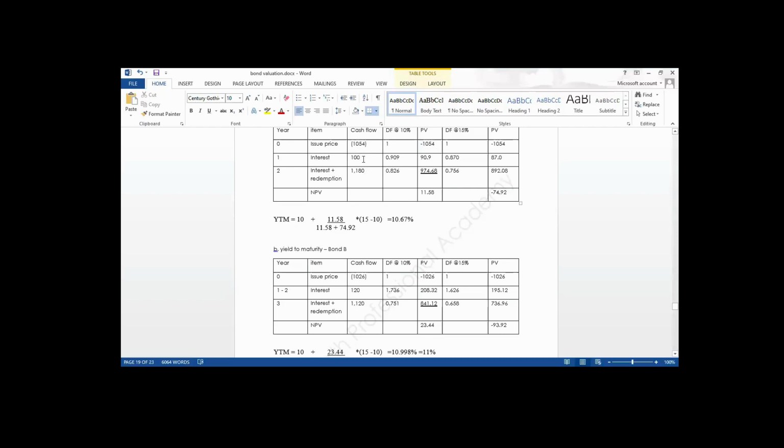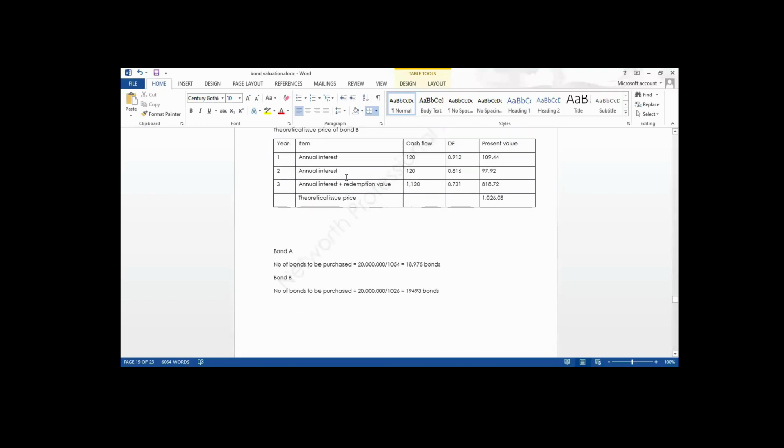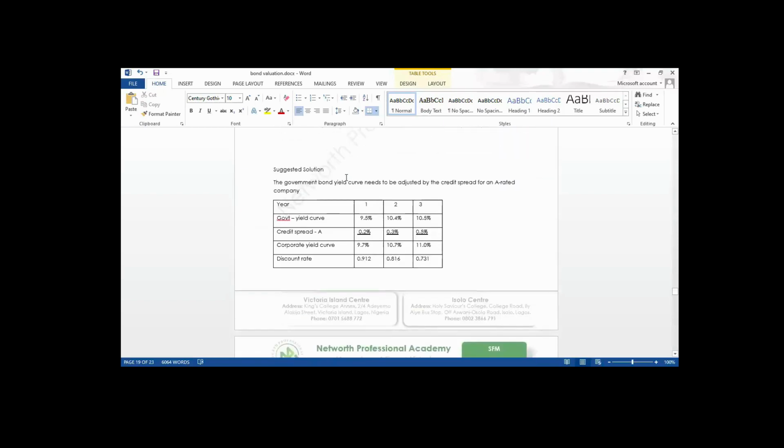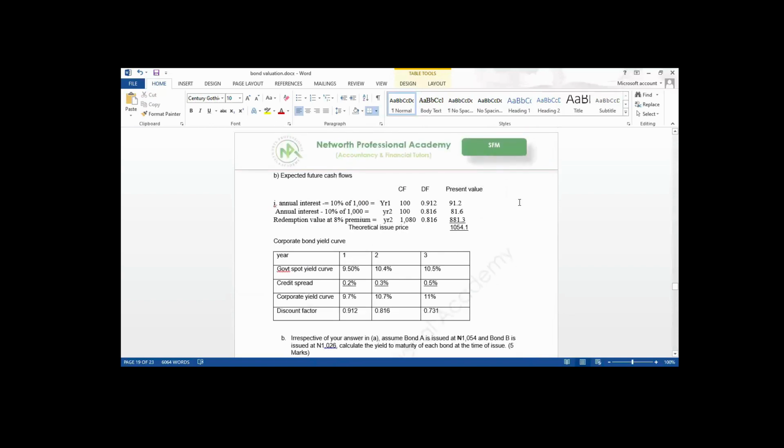Annual interest in year 1. Year 2, annual interest plus redemption. This is what we are referring to, please. Look at this. These are the inflows. Annual interest in year 1. Look at year 2. Annual interest plus the redemption.